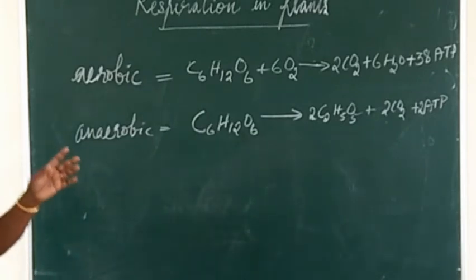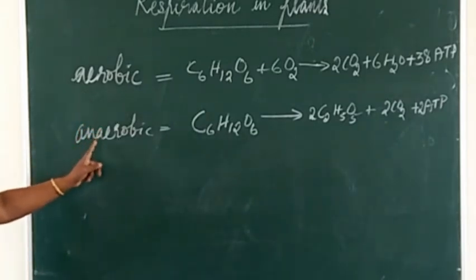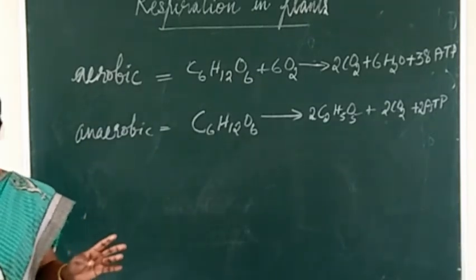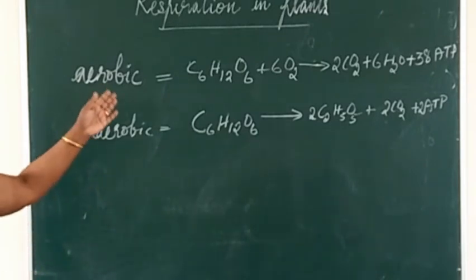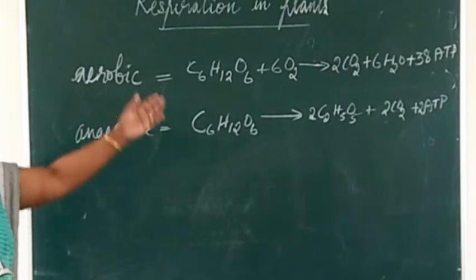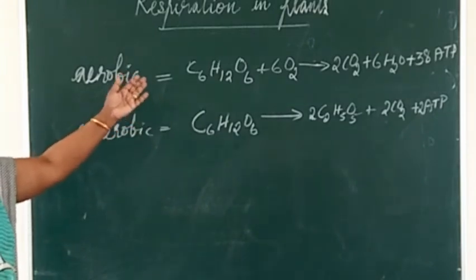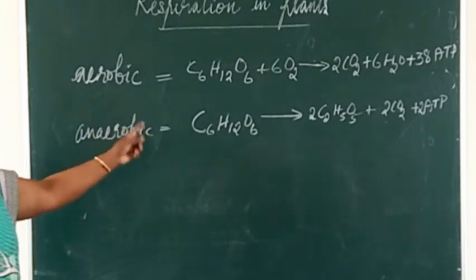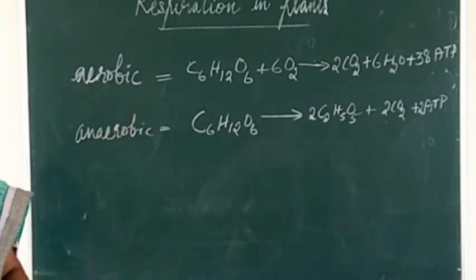Now you have understood what is meant by aerobic respiration and anaerobic respiration. Now what are the differences between these two? By looking at the equations themselves, you can understand easily. First, aerobic respiration proceeds only in the presence of oxygen. Whereas anaerobic respiration proceeds in the absence of oxygen.